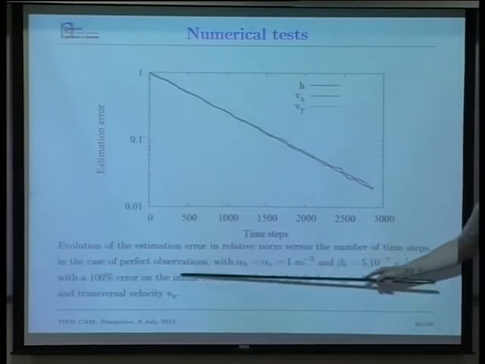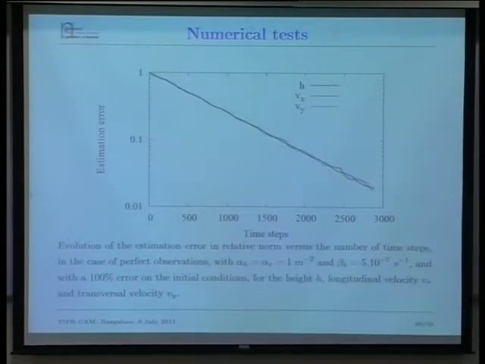At the beginning, the initial condition was totally wrong, because I took, I think, 0 for the initial condition of the nudging state. And you can see the decay rate is almost constant for the three variables. Only H is observed, but then we can find also Vx and Vy.